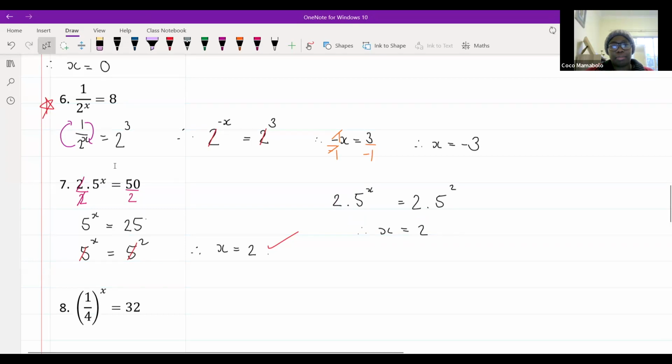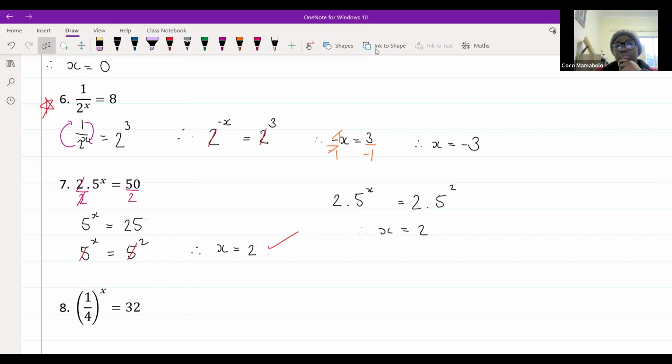I wanted to say the same thing because I also used this one. I didn't divide by 2.